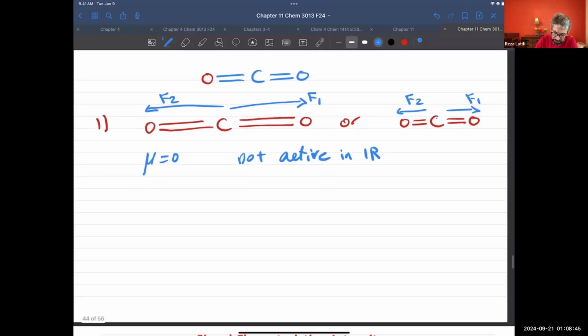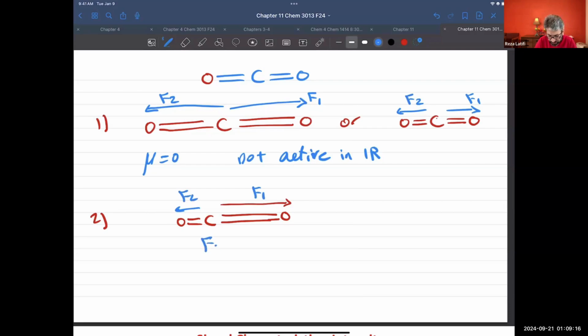Guys, and how about the second one? In the second case, let's keep one bond as it is, while we are increasing the length of the second one. So this one is going to the right side, and maybe this one is getting shorter. In this case, because the lengths are not identical, F1 is not going to be equal to F2. They will not be equal, and that means mu is going to be bigger than 0.